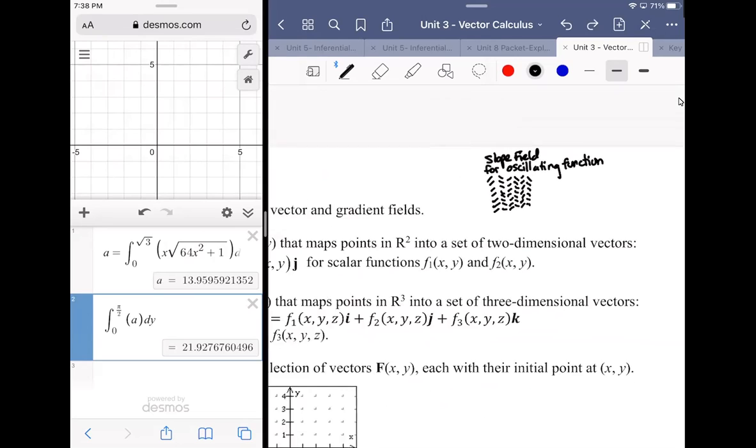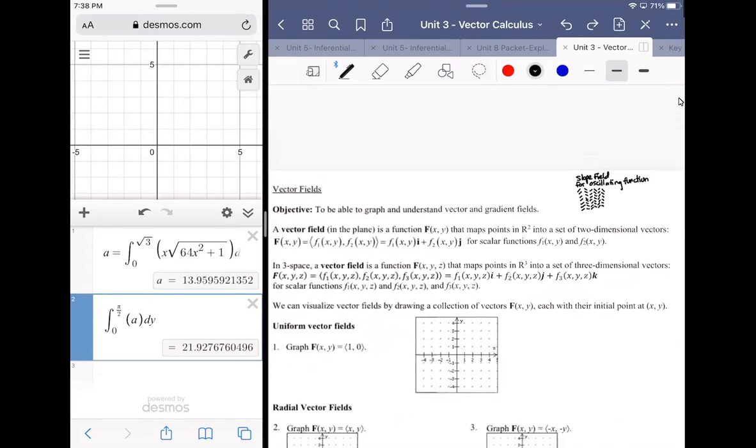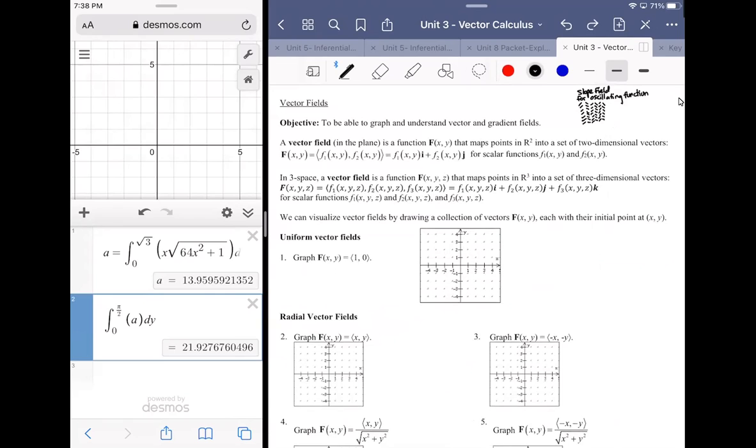So what a vector field does is really the same concept, same idea, except it's putting that first into the context of vectors, and also allowing for movement in any number of different directions.